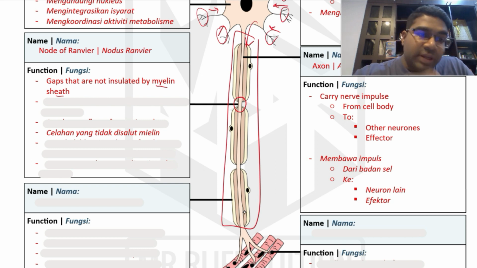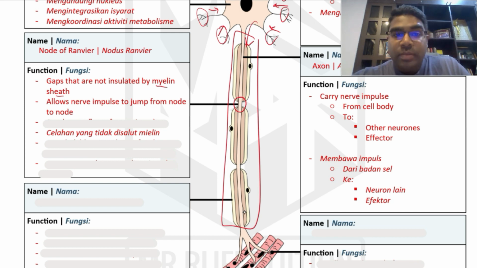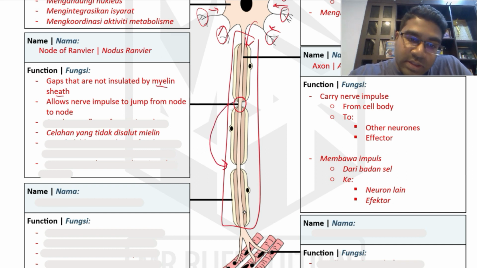So it's not insulated. The point is insulation. Okay, isinya ialah tidak ada penebatan. So it allows nerve impulse to jump from node to node. Maksudnya impuls saraf dia akan lompat dari nodus ke nodus. Macam ni. Daripada dia lalu sini, instead of going through here, it jumps from node to node. Okay, sebab ini ada penebat.